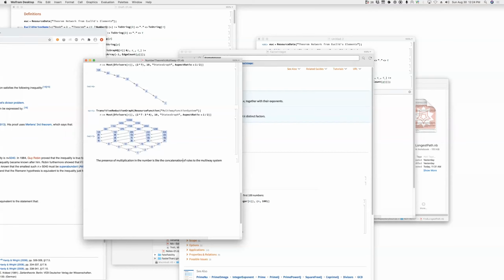Okay. But so now this connection with the Riemann hypothesis is something to do with the connection of this thing with prime pi somehow, or something like that.